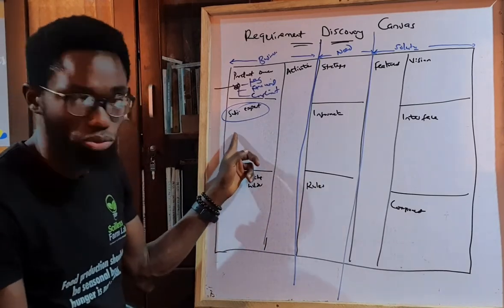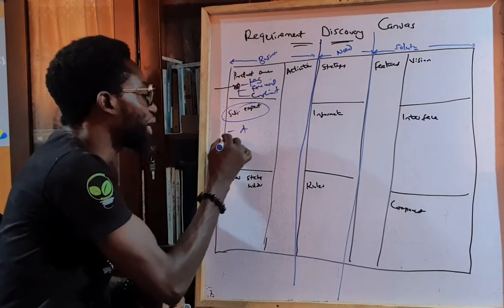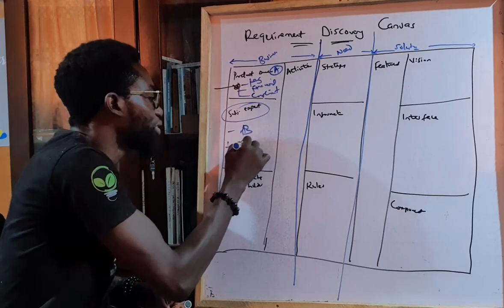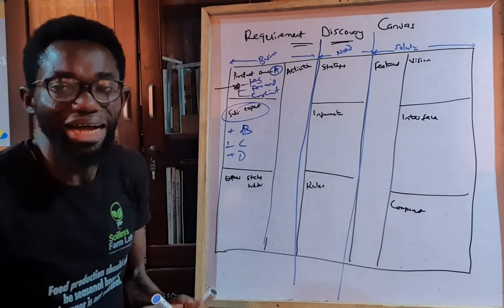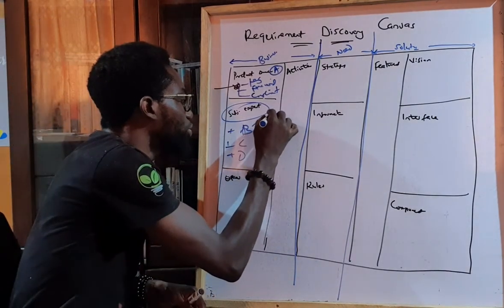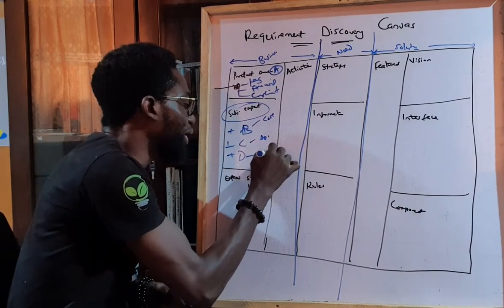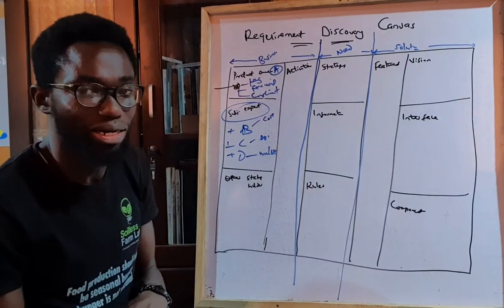We need to know. So if there are three of them, you write them out. Let's say Mr. A is the product owner, and Mr. B, C, and D are the subject experts. Now we know. So this is an expert in maybe code writing, API writing, and maybe ML and AI configuration. So we know who the experts are.